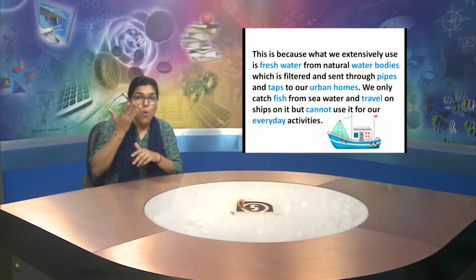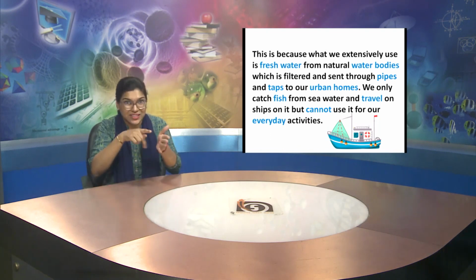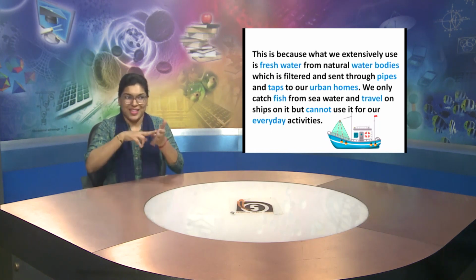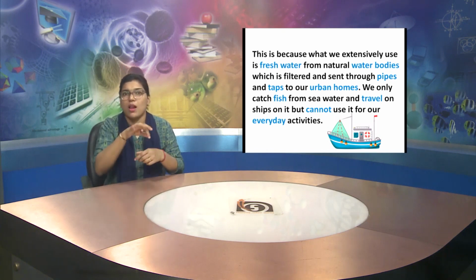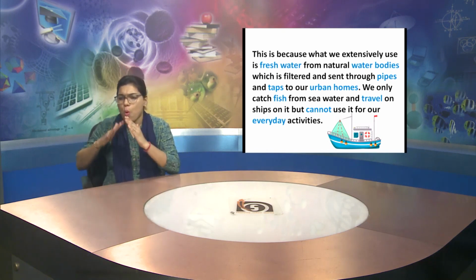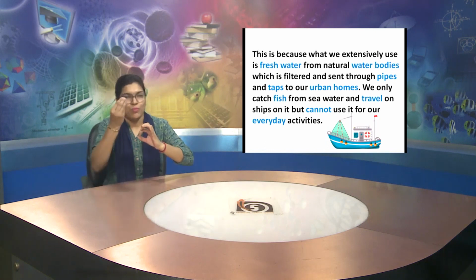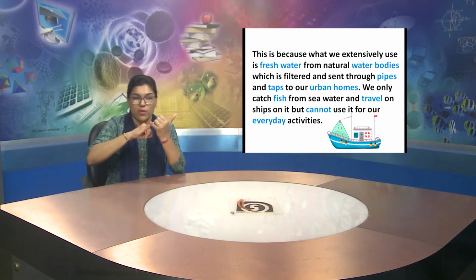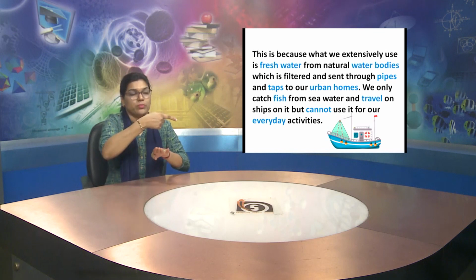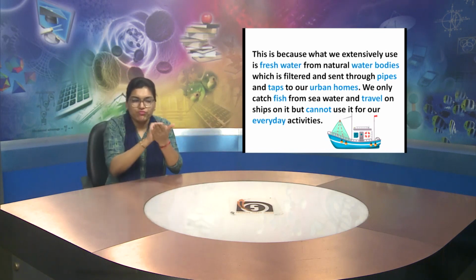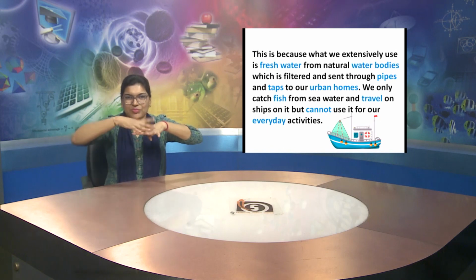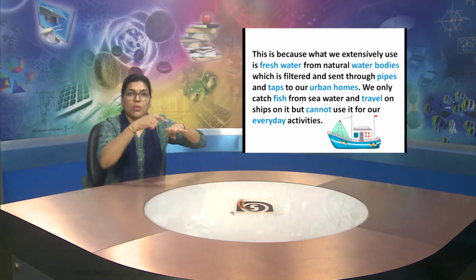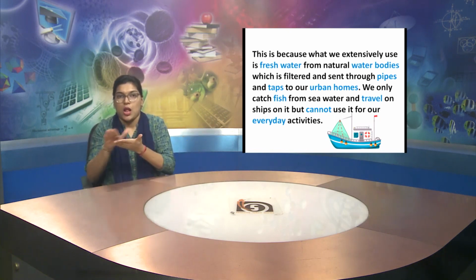And this scarcity of water, which is a big problem, is because we humans use the fresh water from the natural water bodies. And because we know that the natural water bodies have salt, those water bodies, they filter the water, and the filtered water is sent through pipes and taps to our urban homes.